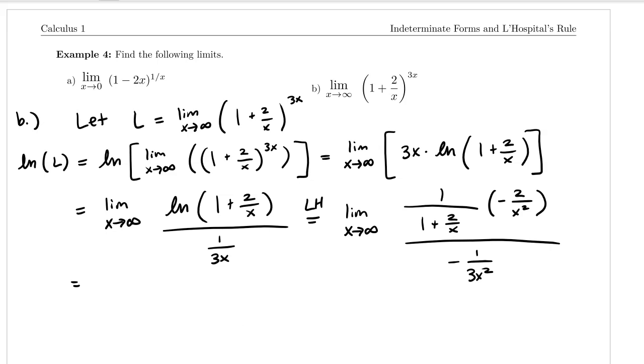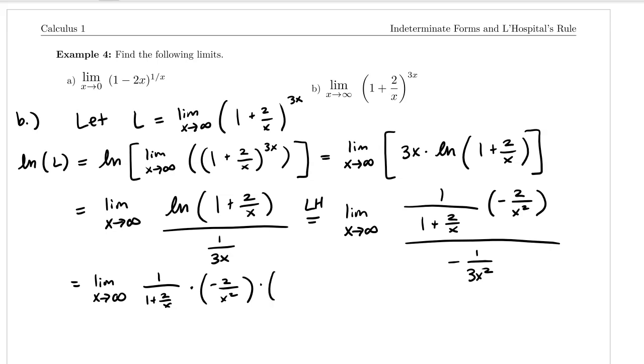Okay, so this is equal to the limit as x approaches infinity of 1 over 1 plus 2 over x, and I'm multiplying that by negative 2 over x squared, and I'm going to take my denominator and multiply by the reciprocal of that now.